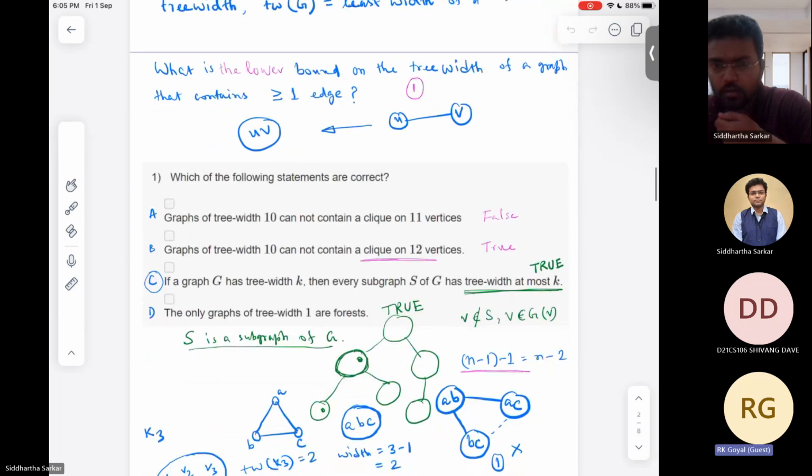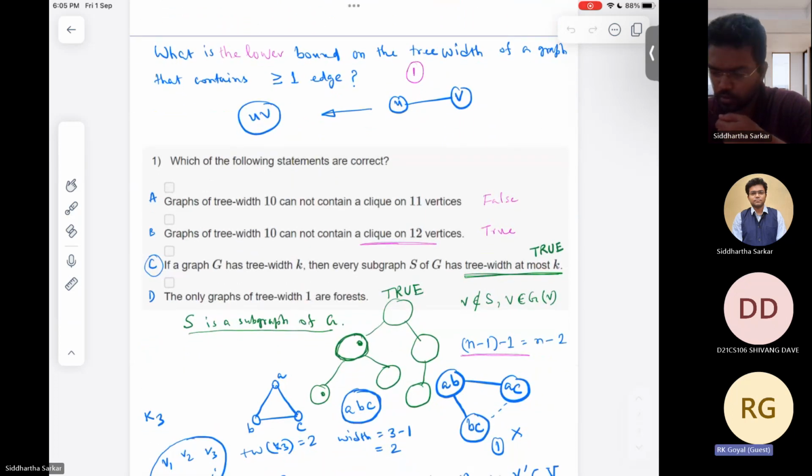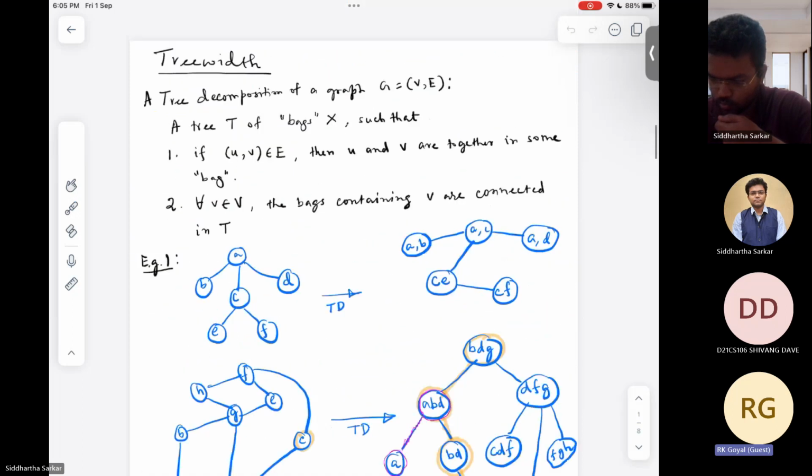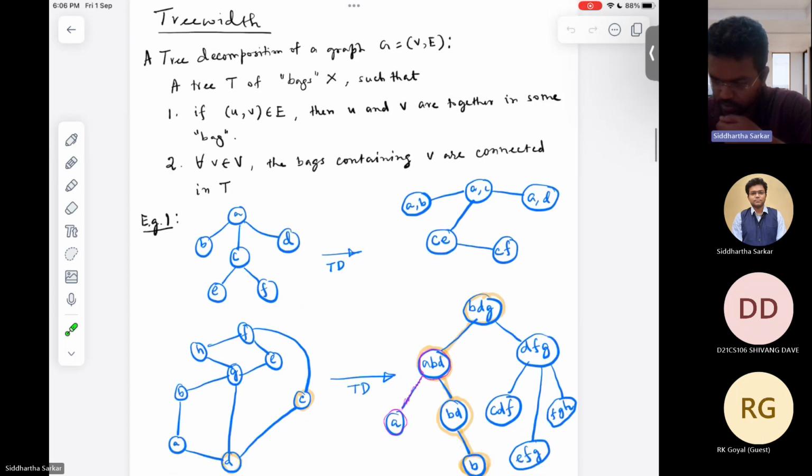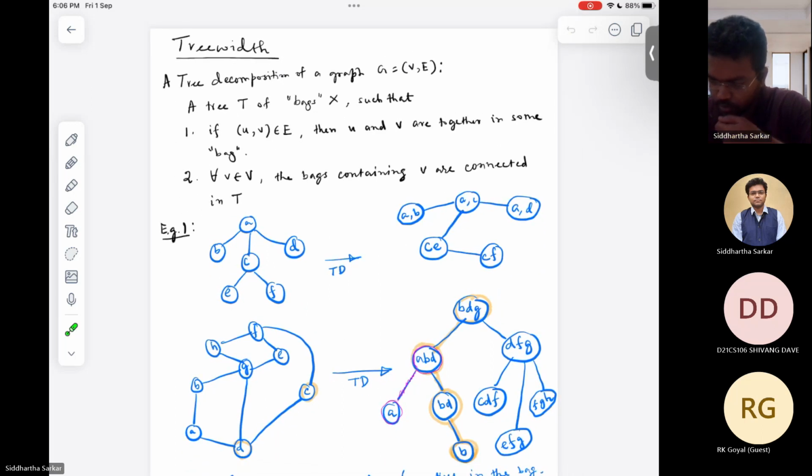Can you repeat this definition which you wrote here, about the tree decomposition? We said that a tree decomposition of a graph is decomposing the graph into a tree such that two properties are satisfied. The properties were that for every edge in the graph, we wanted to have some node in the tree decomposition that contains both the endpoints of that edge.